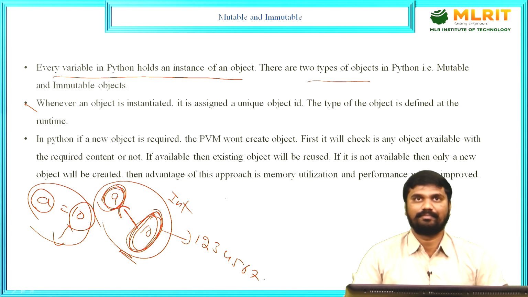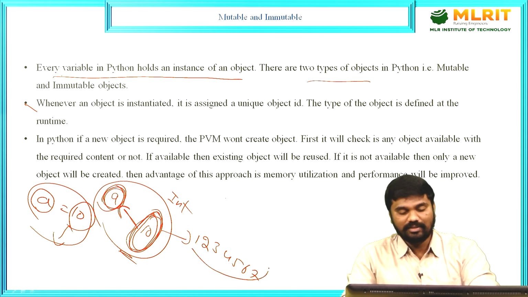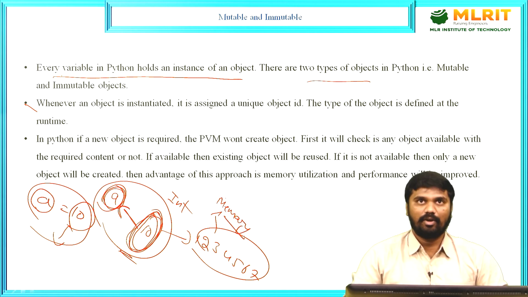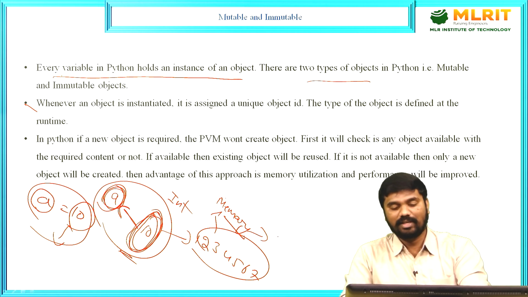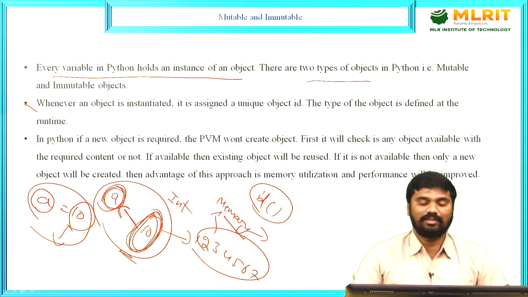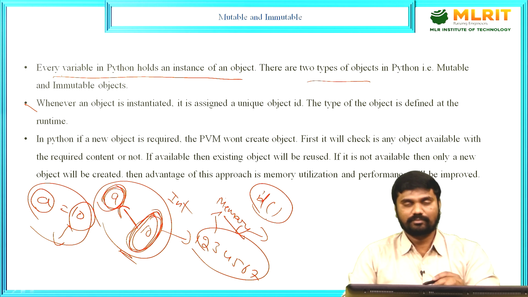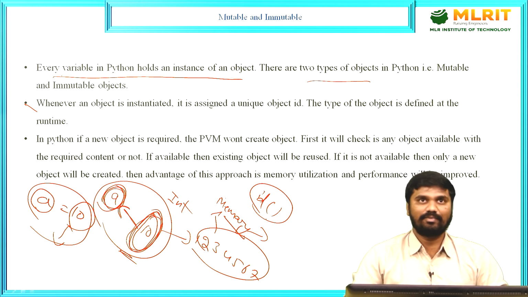This represents the memory address of the object, and it can be accessed by using the id function, an inbuilt function of Python, as we also discussed for every data type.